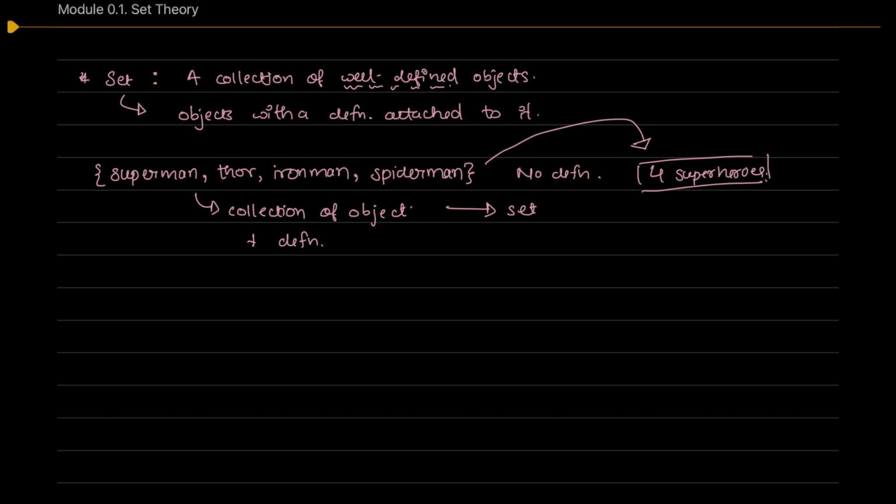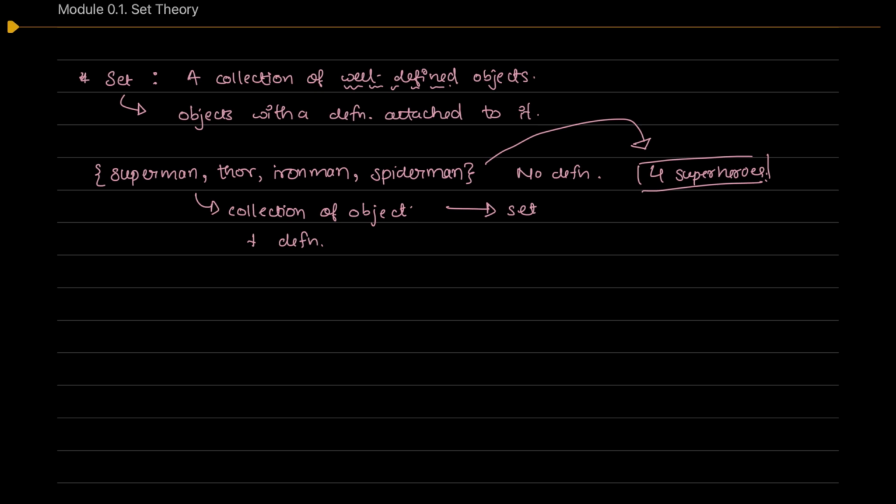Suppose there is a Nike store and I am listing down all the shoes that they are selling in a particular Nike store. Suppose Nike numbers all their stores from 1 to wherever it goes. Suppose the shop number is 178. Now at shop number 178, the collection of shoes will become a set.